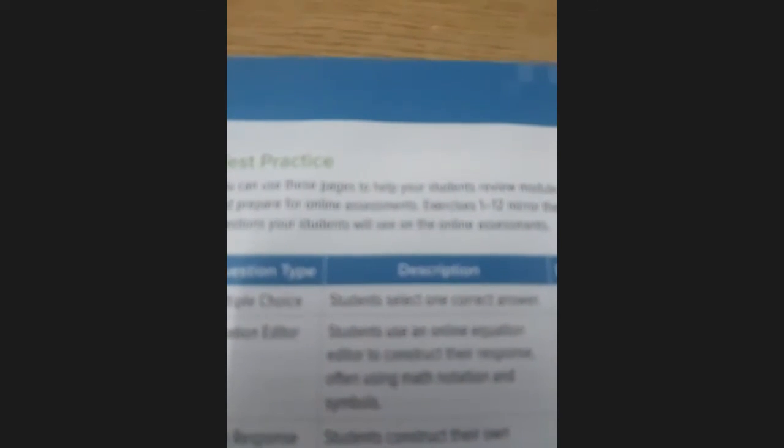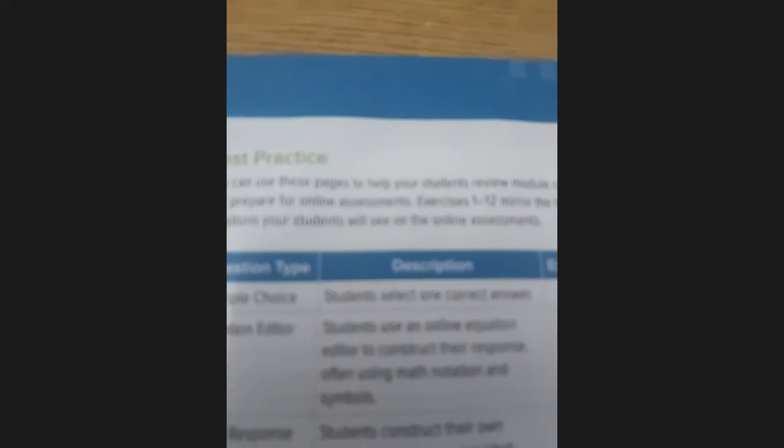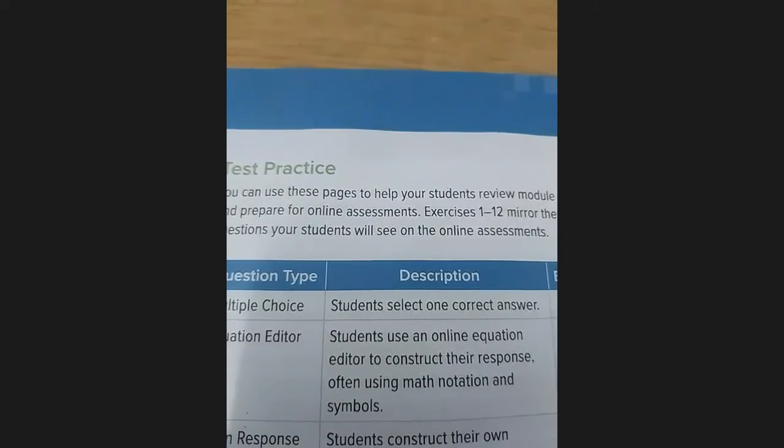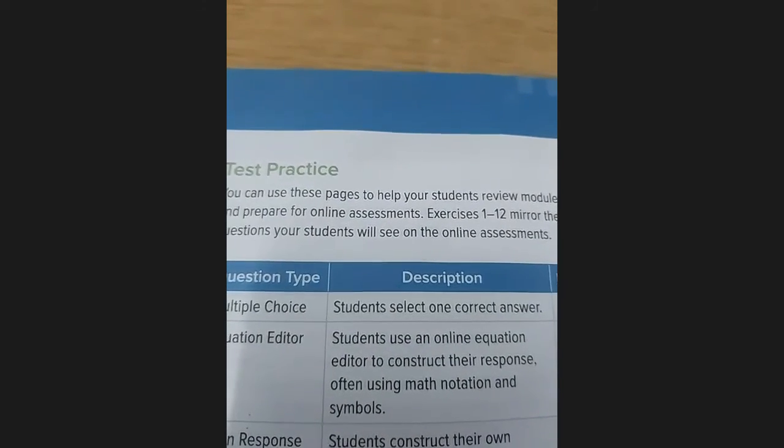Select with me, guys, question 1, question 2, question 3, question 5, question 6.